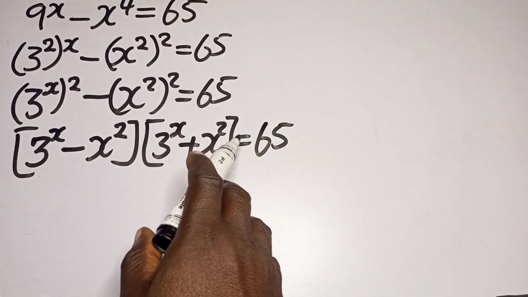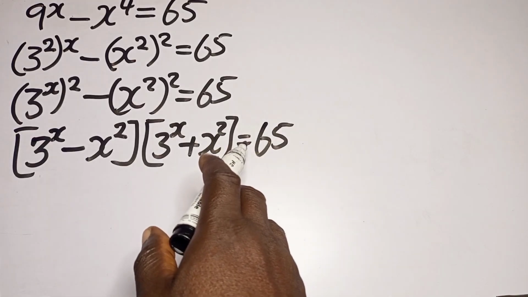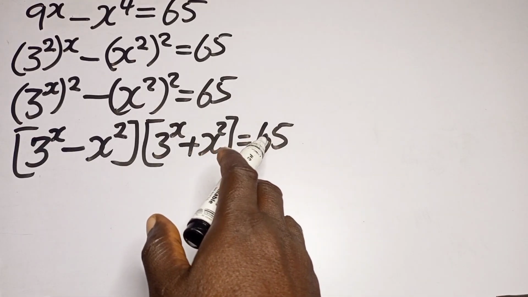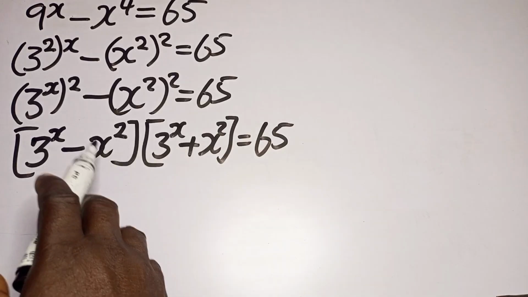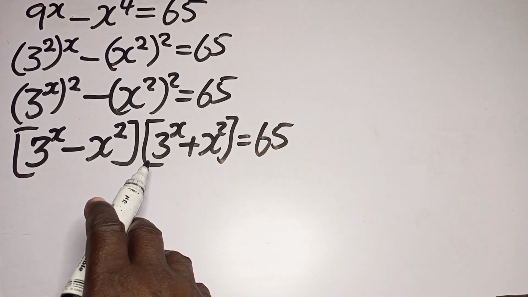The normal way forward is to decompose the number 65 into its component factors, from whence we're now going to form two equations. But there's a lot of reasoning that has to come along.